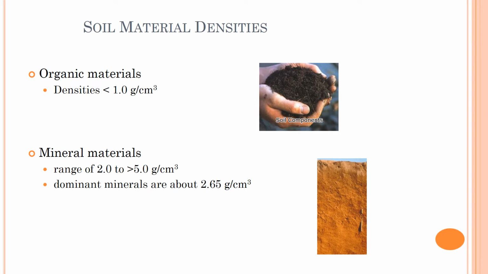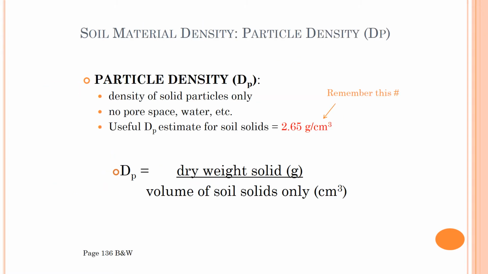Whenever I ask you to calculate anything that involves soil particle density, you will always use 2.65 grams per centimeter cubed. Please remember this number. You will need it for various calculations.